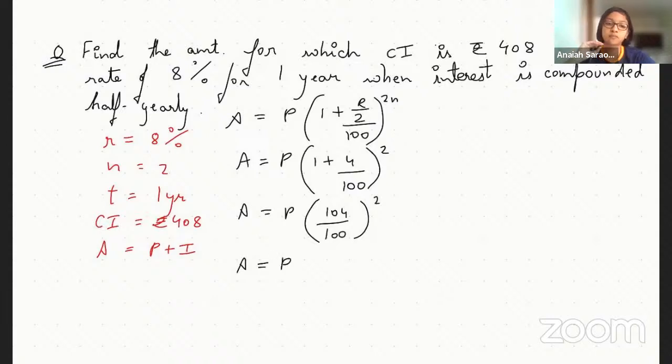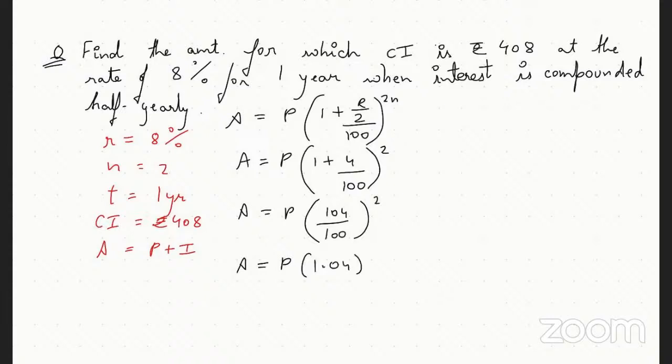Because there are two zeros below, this is another way that you can follow that I'm using right now. I'm showing you 1.04. 1.04 also you can use raised to the power 2. Because 100 is there, after two digits we can put a point.